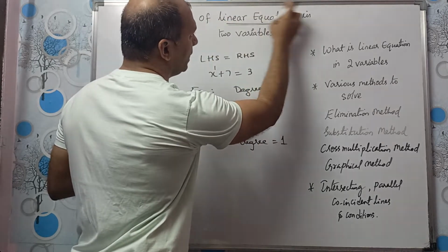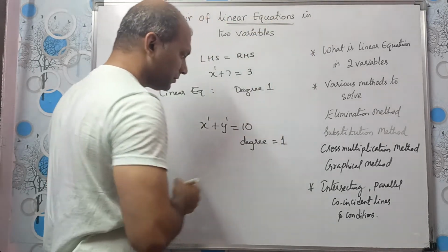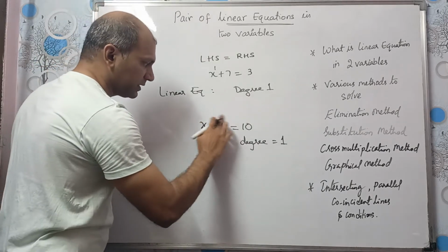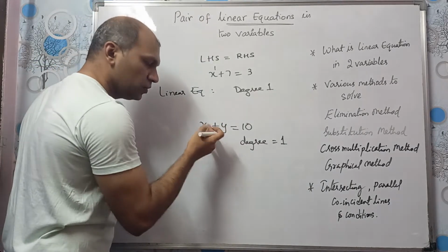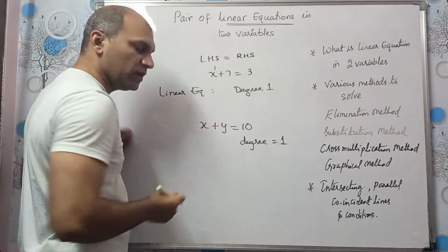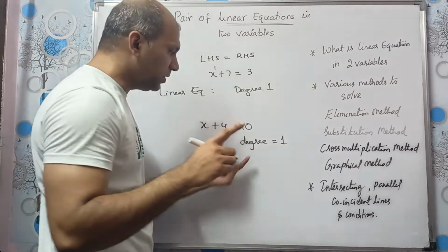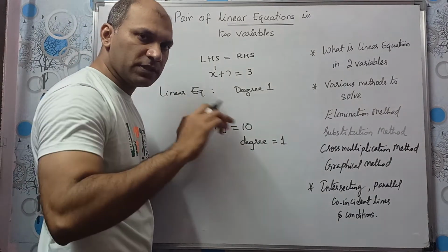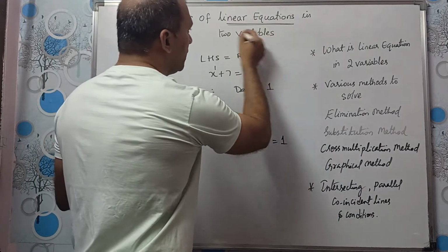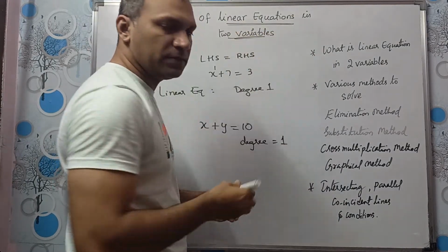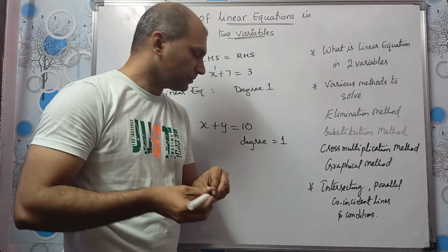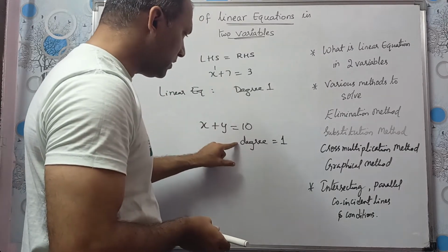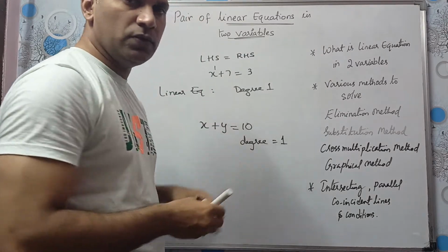Now what do we mean by linear equation in two variables? See this one, take this example. How many variables are there? Two variables. X is one variable, y is one variable. Okay, degree should be 1 and we should have two variables. Such equations are called as linear equations in two variables.